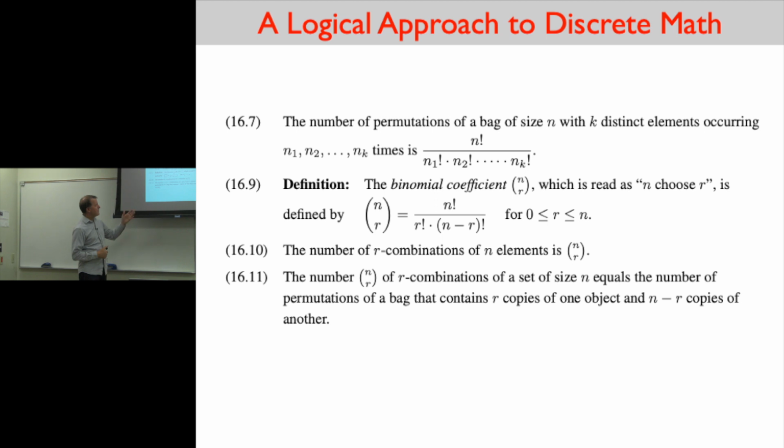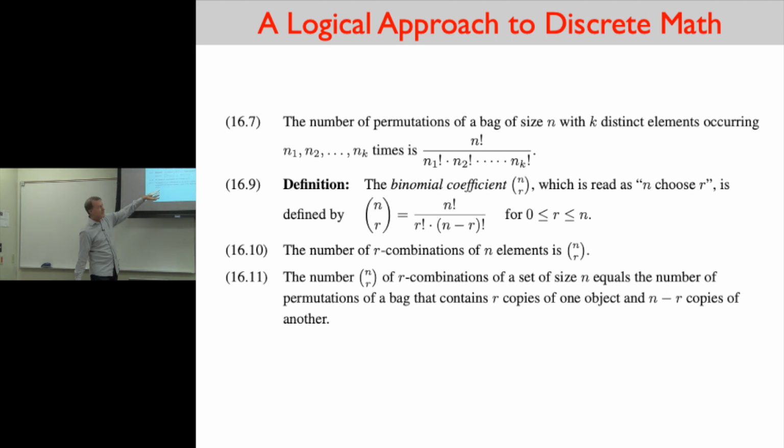So here's the definition of the binomial coefficient. By the way, you don't say n over r, because that would be a fraction. Notice that there's no line between the n and the r. The way you say this is n choose r.